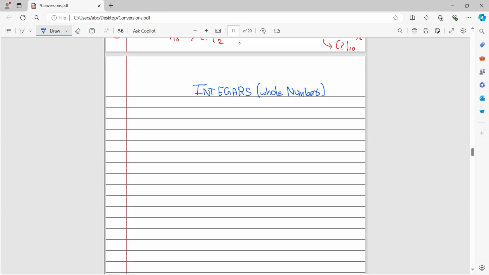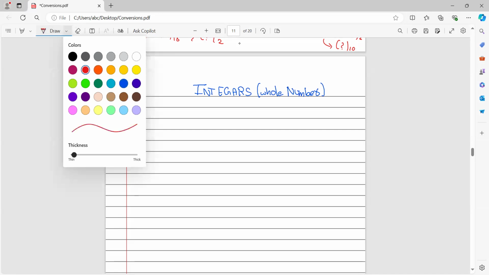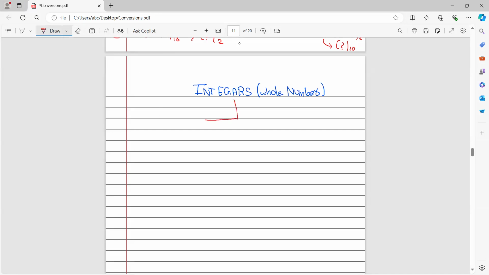One thing to know is that whenever there is an integer, it is either positive or negative. So I have two types of integers, positive or negative.